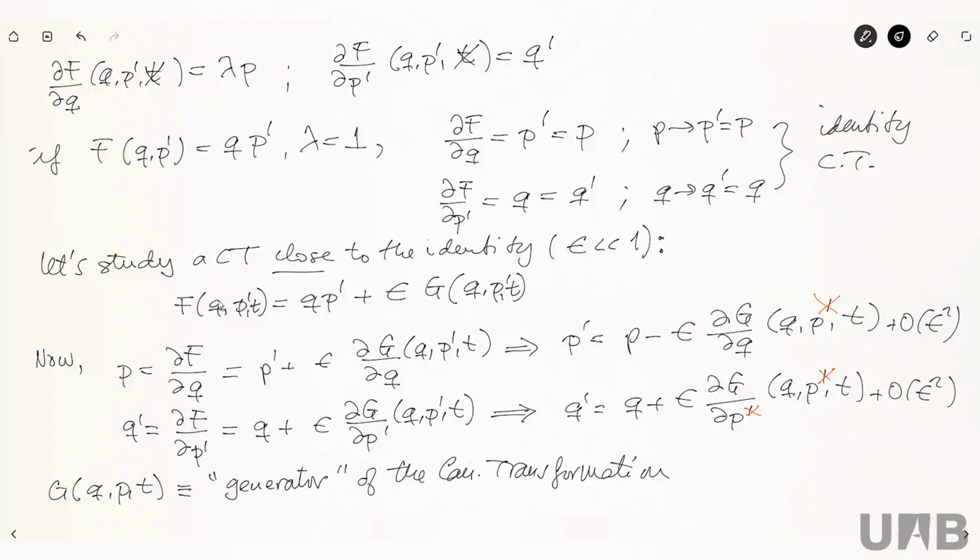The generating function is F, as we have been calling it since the very beginning. Whereas this g, which measures the deviation from the identity, is the generator of the canonical transformation.